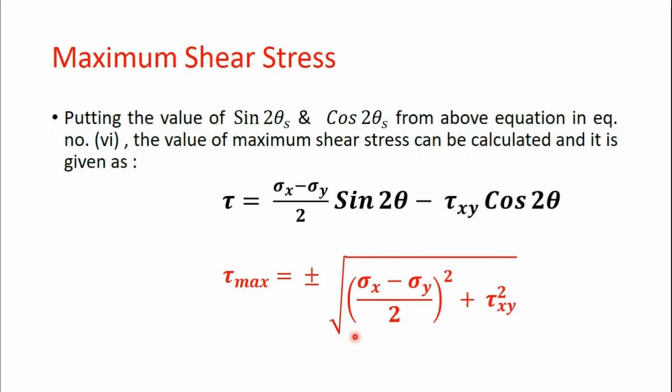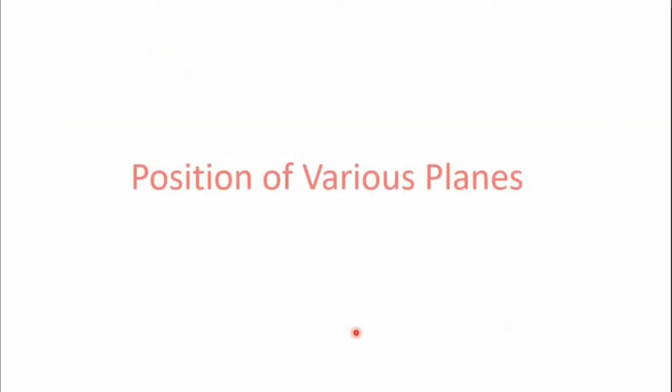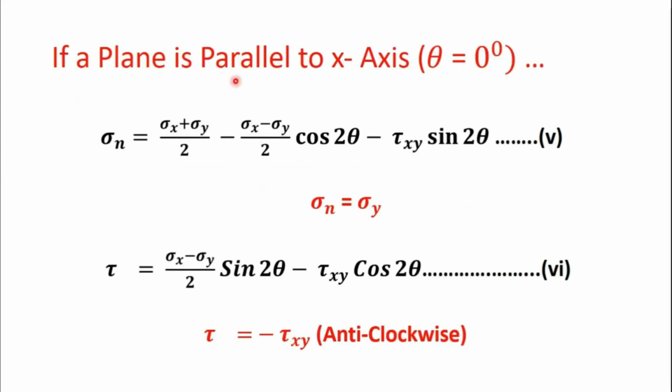So coming to the position of various planes. Since we have derived the equations of sigma n and tau, we must also check whether they are giving the correct result or not. For this we have to know about the position of various planes, and we know that if the plane is parallel to the x-axis, then theta equals 0.